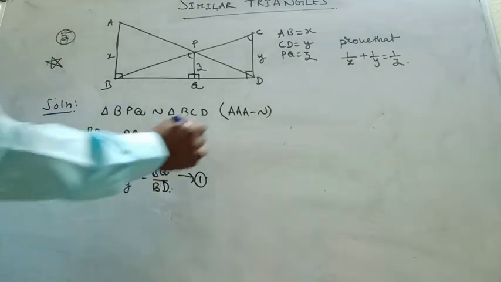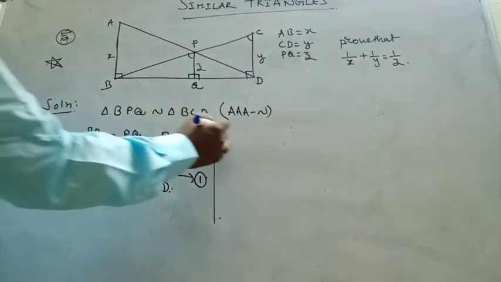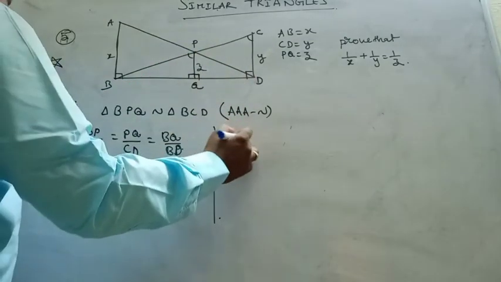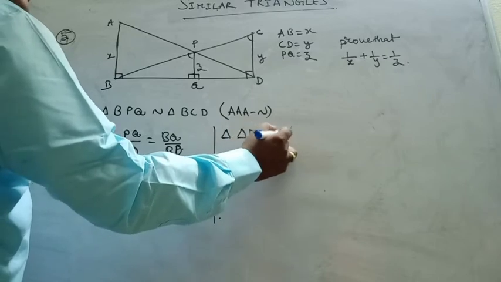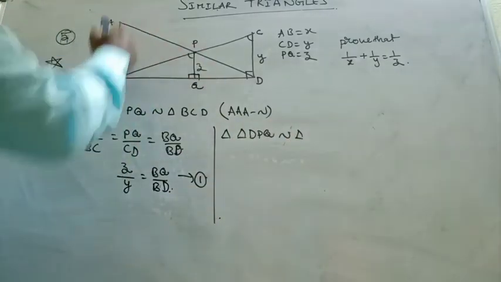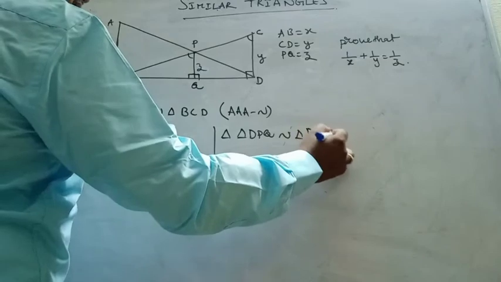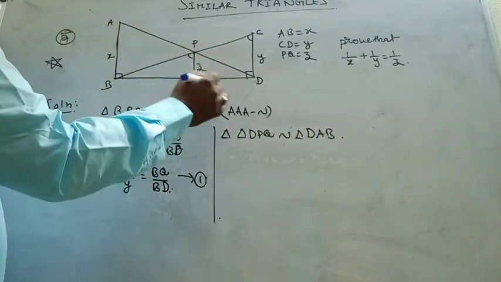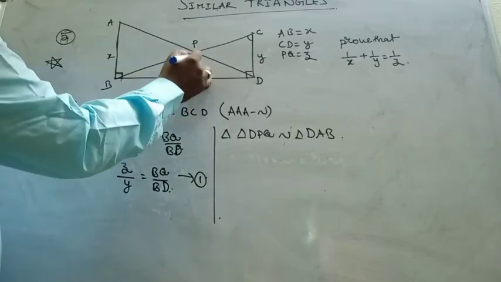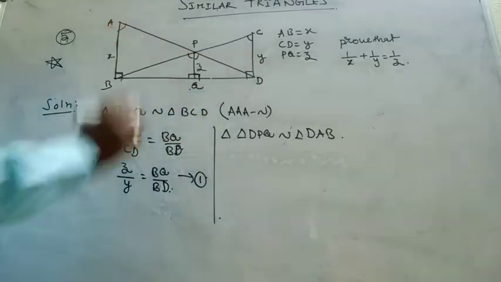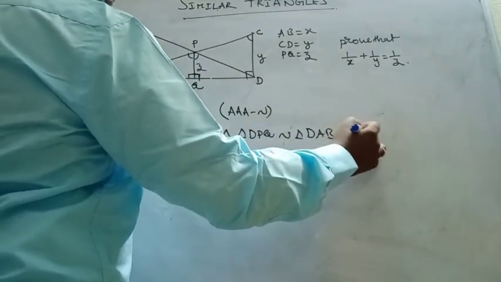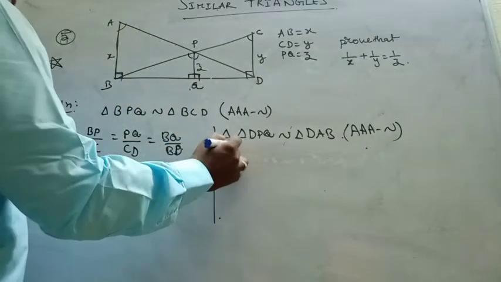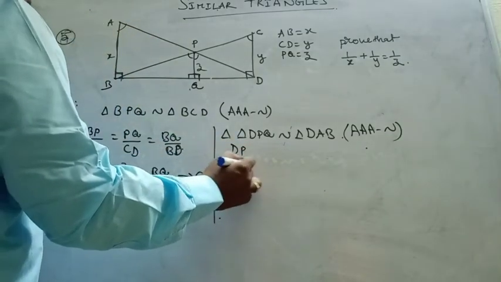Now in the same way, triangle DPQ is similar to triangle DAB. Once they are similar, the same thing here also: DPQ has 90 degrees, here 90 degrees, this angle equal to this angle and a common angle, by AAA similarity. Now DP by DA is not useful to us.